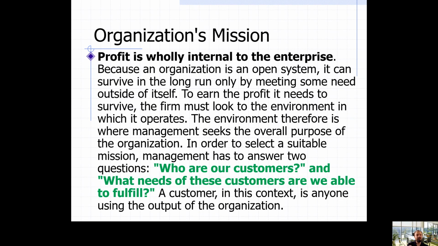So if I'm an owner of this company, I'm interested in the profitability of my company. But if I'm a customer, I'm thinking only about how to satisfy my need in the best way. So the mission must provide the answer to this question.